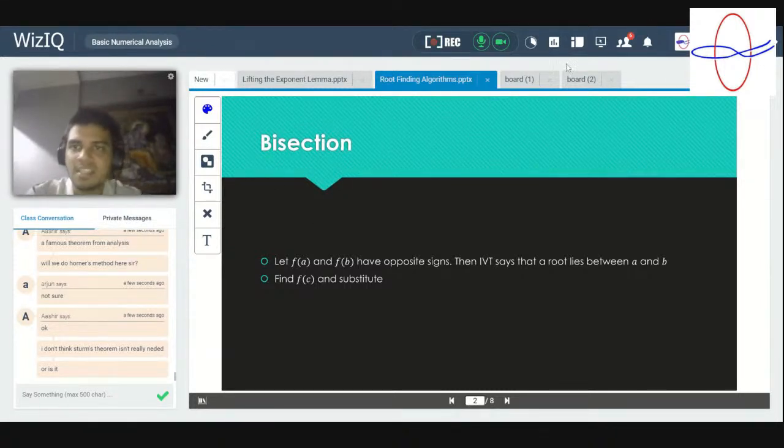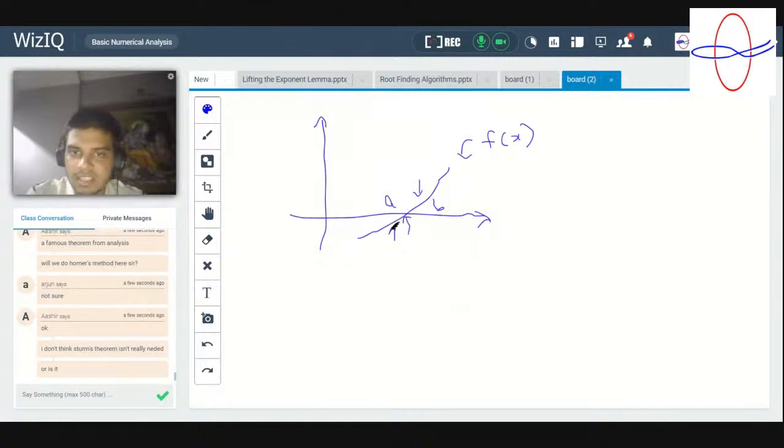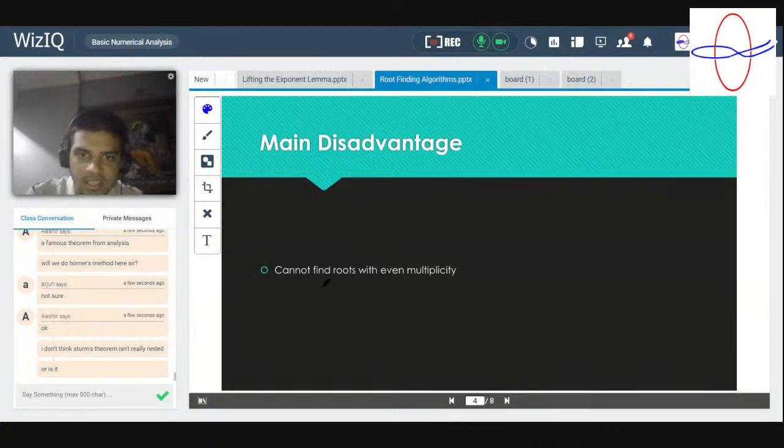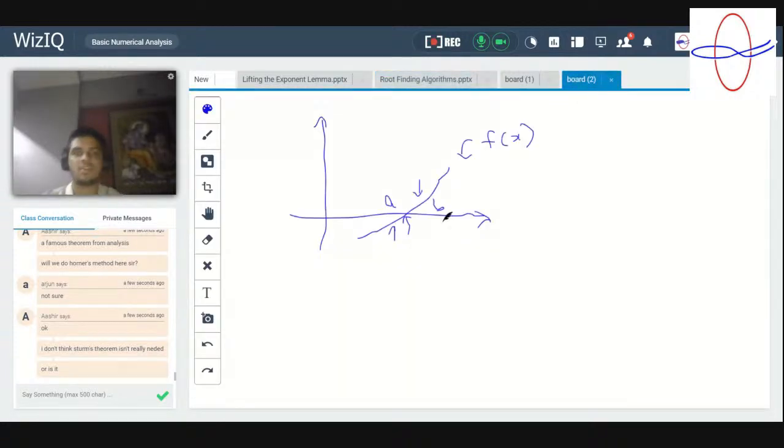So yeah, going back to bisection, one of the drawbacks of bisection actually is that it cannot find roots with even multiplicity, but for roots with odd multiplicity, you know that if a and b are at two sides of x, and there are no second roots here, so if a and b are fairly close to x, f of a and f of b will have opposite signs.